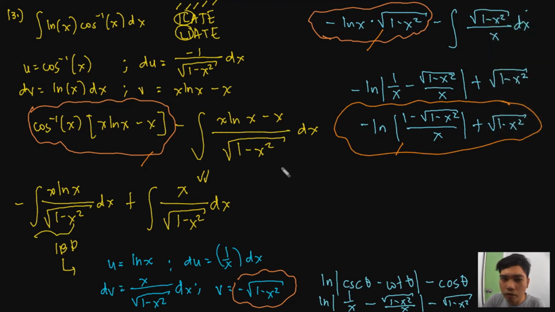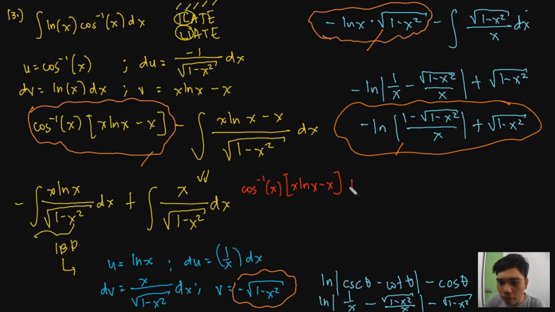So, we have inverse cosine of x multiplied with x ln of x minus x. And then from this, the expression would yield to this distributed numerator. And then yung derivative, antiderivative would be this one, pero negative sila. So, I will be interchanging yung ating signs.